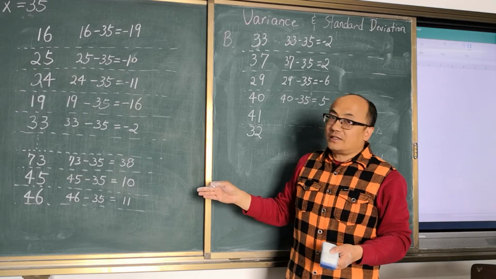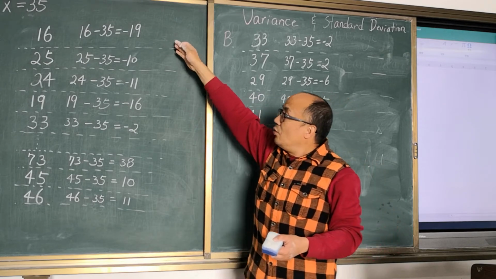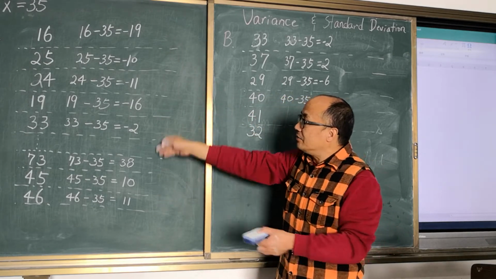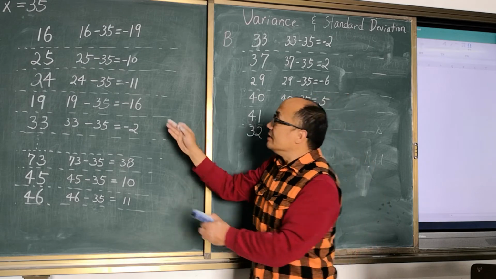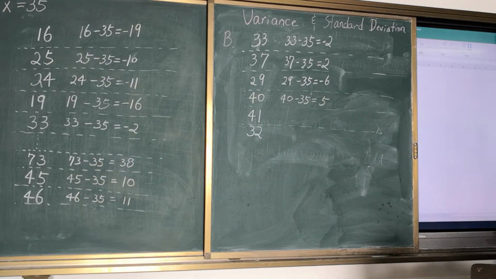So maybe you want to take the absolute value and add up the distance to the mean.